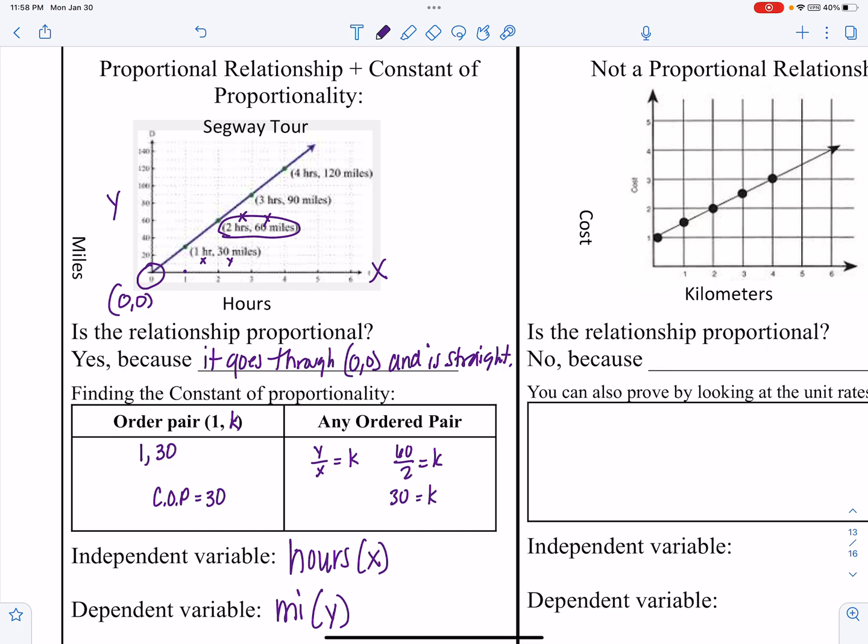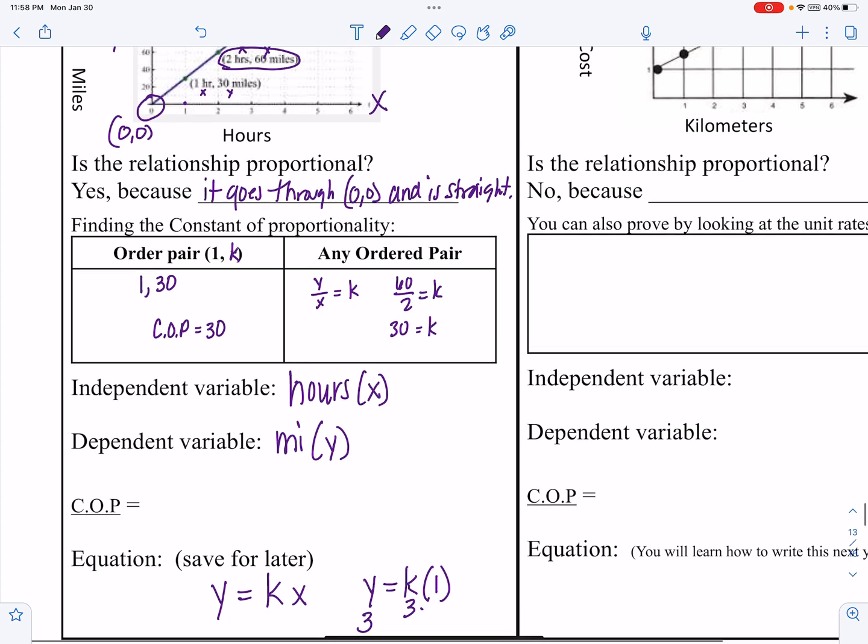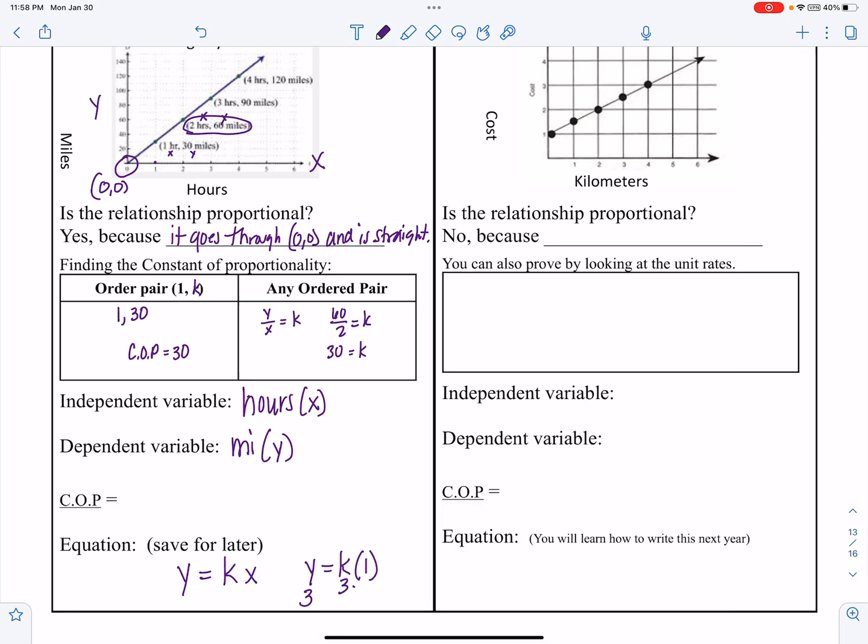The reason I'm not editing that out of the notes is I want you to see that if something doesn't make sense, when you know it was proportional but you weren't getting the same COP, that should be a red flag to you, like, hey, I did something wrong. And because that typing is so blurry, it left me with a problem. And so I knew that wasn't right, and so I figured out what the issue was. So I'm not going to edit that out, so you can see that it is important to think about what's reasonable as you're doing your work.